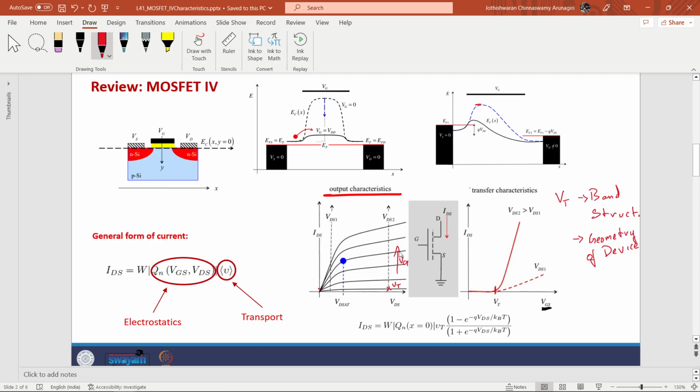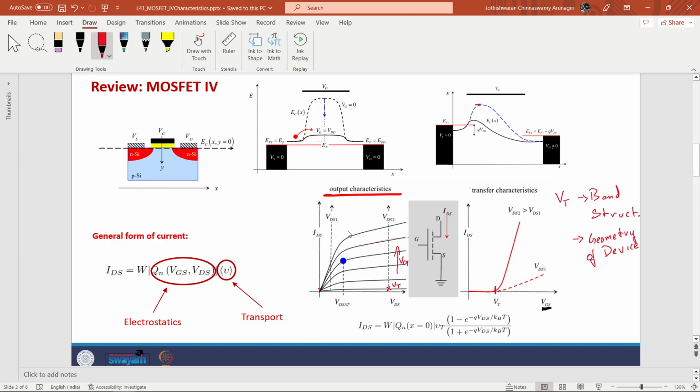Essentially VG is being fixed. For one of these lines, VG is fixed. Okay, sir. VG is not being varied, but VT is shifting because of the variation in VDS.